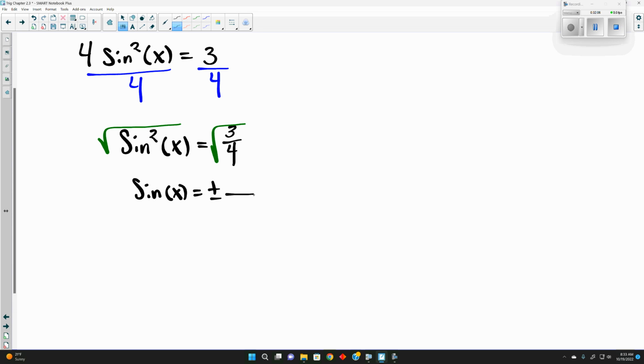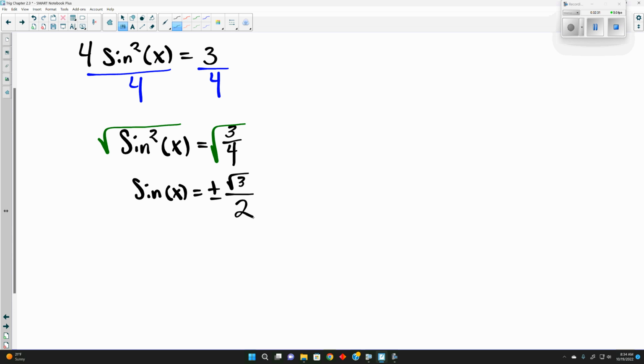So we can take the square root of 3, which is just square root of 3, over the square root of 4. Well, what is the square root of 4? 2. Okay. Square root of 3 over 2 is on the unit circle. Yes? And again, I had to look back at it. And okay, when we square root, it does give us one on the unit circle.